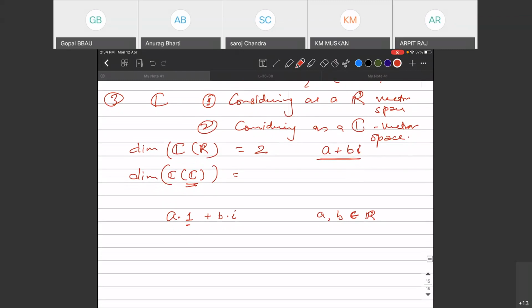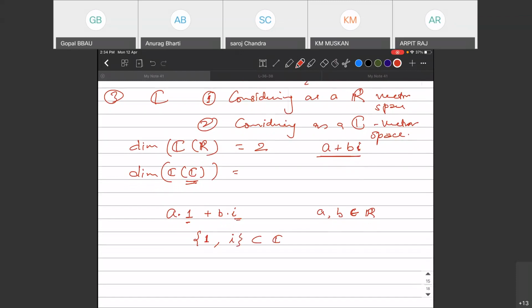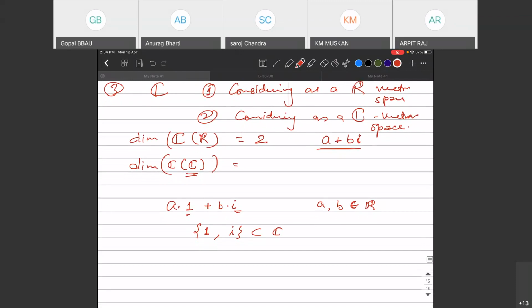So 1 is a subset of C, and this i is also a subset of C. And you see here, any complex number can be represented as a unique linear combination of 1 and i.